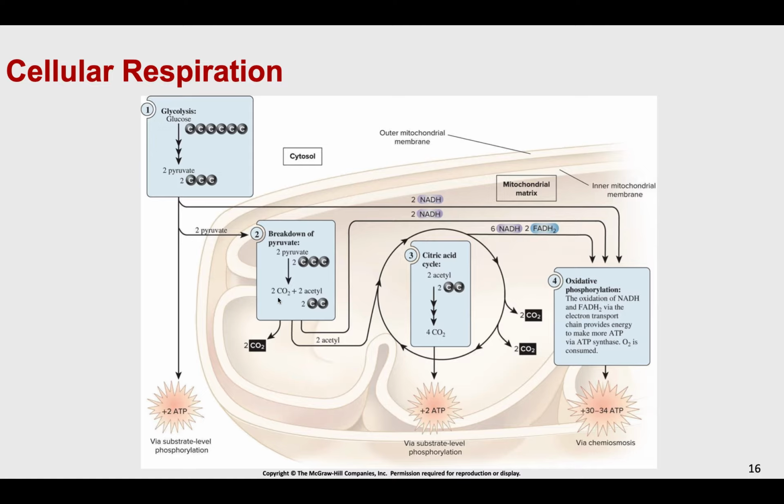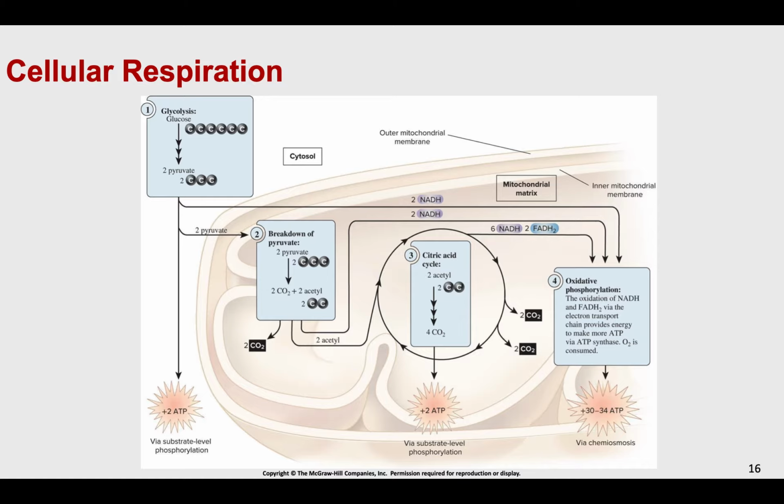All right, so now we go to the citric acid cycle. A little bit of NADH is produced in this step as well, but the citric acid cycle is the next big one, also known as the Krebs cycle. It's called the citric acid cycle because we are essentially binding this acetyl group to an organic molecule. That organic molecule is typically citrate, so hence where the name comes from.